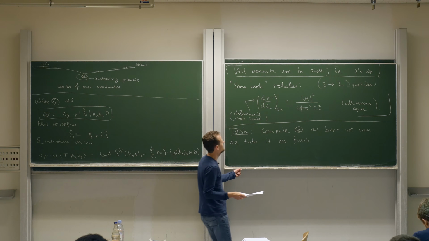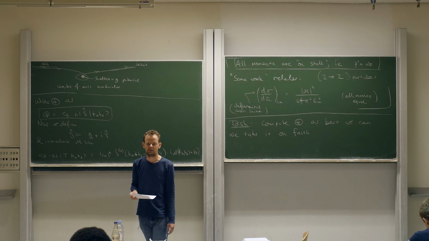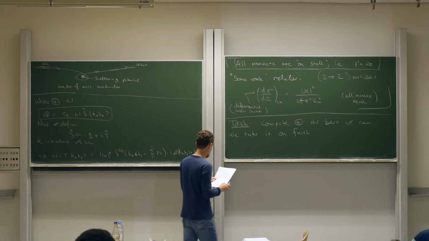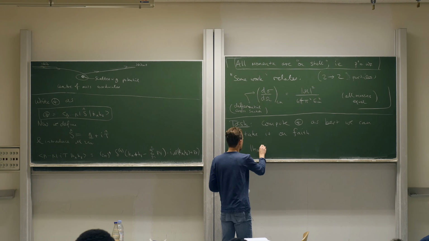All right, so to compute star as best we can is our task. And to do that, we're going to have to take on another article of faith in order to continue in this course. And actually, I am going to dwell on this article of faith a bit because it is problematic.